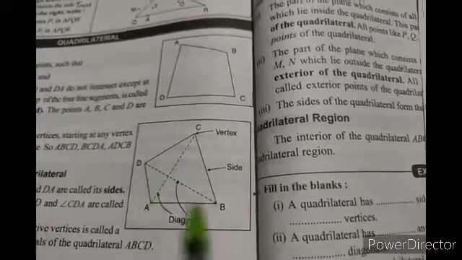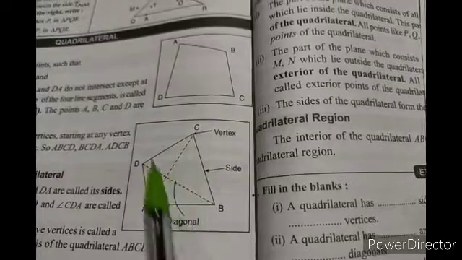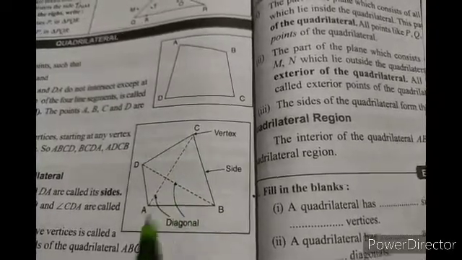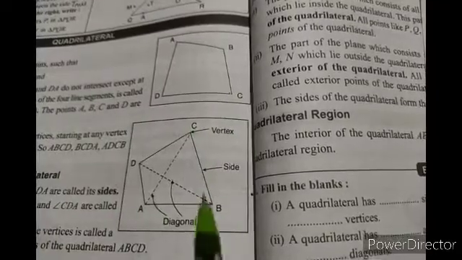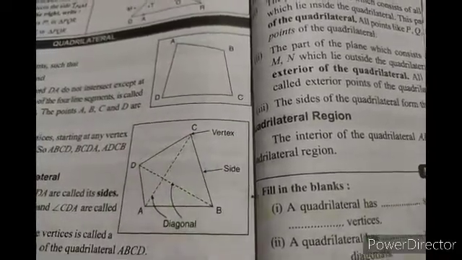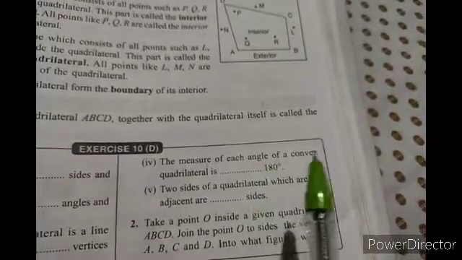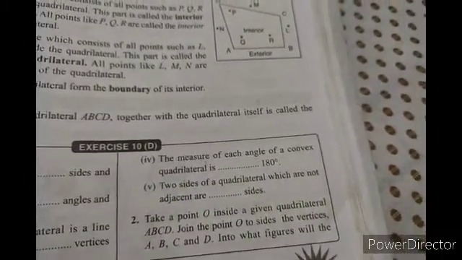Why? Because both diagonals lie inside the quadrilateral, and the interior angles, that means angle A, angle B, angle C and angle D, are all less than 180 degrees. So our answer is, the measure of each angle of a convex quadrilateral is less than 180 degrees.